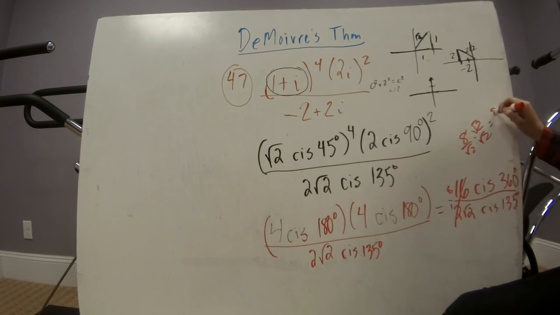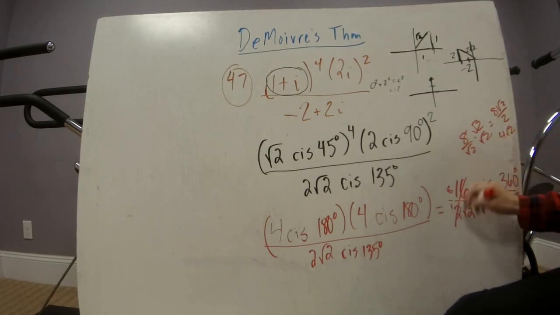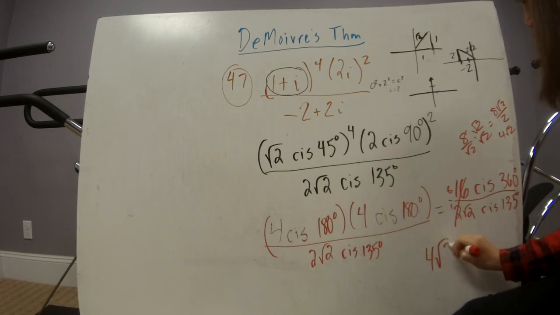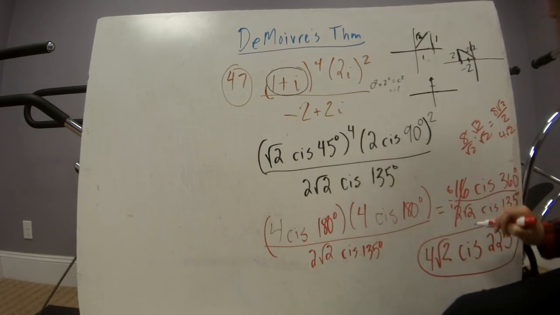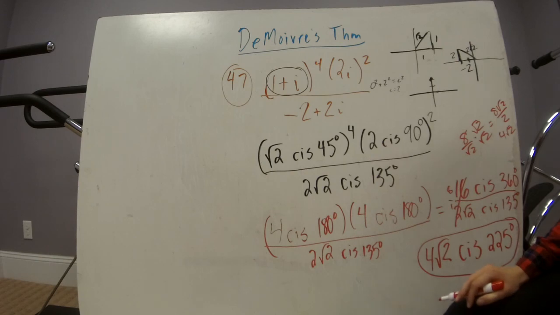So I'm going to have 8 root 2 over 2, which is 4 root 2. That's gross. So dividing those, you get 4 root 2, cis, and 360 minus 135 should be 225.